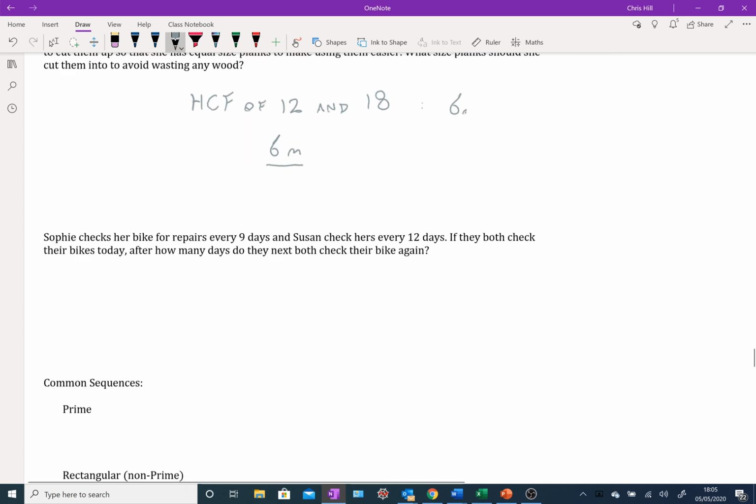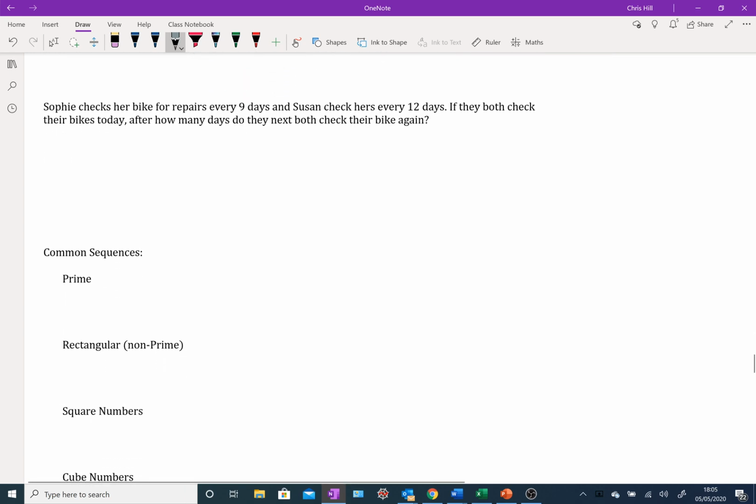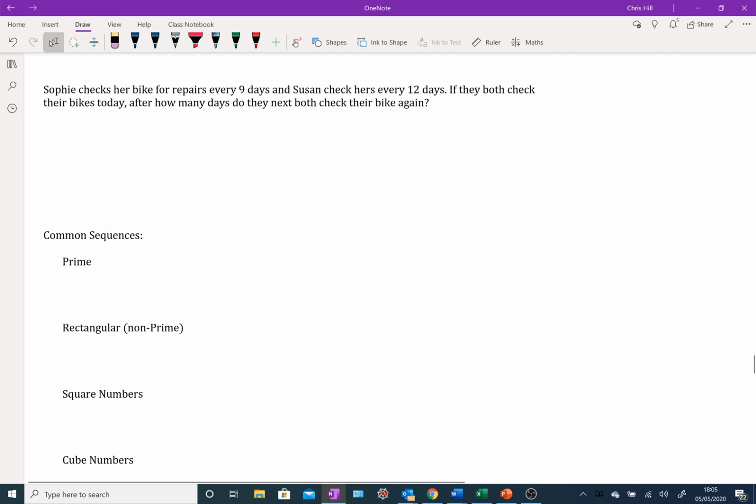Okay. Next one. Sophie checks her bike for repairs every 9 days. Susan every 12 days. After how many days do they need to check their bike again? This is a lowest common multiple question where we have to find the lowest common multiple of 9 and 12.